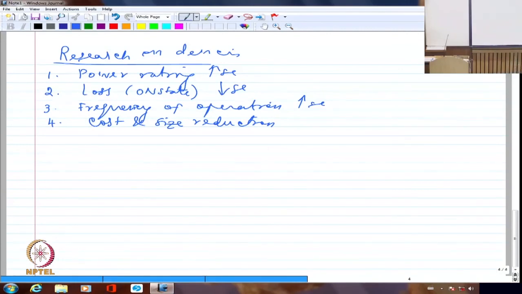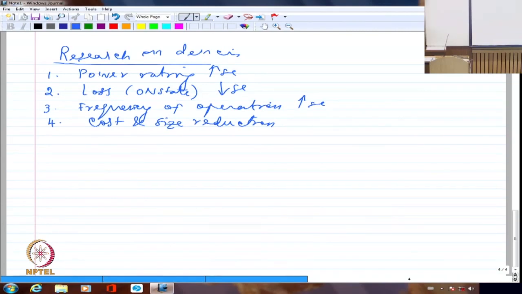So, apart from all these devices, what is available, although diodes are uncontrolled, they are also used extensively in many applications, because they are the cheapest and they are available at the highest power level. So wherever I want a very high power rectifier, generally diodes are the best choice.